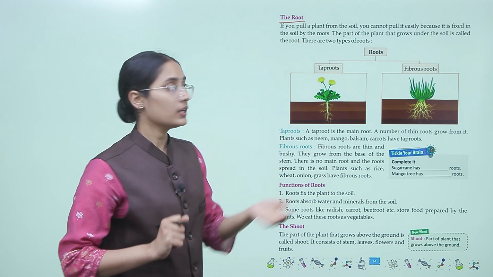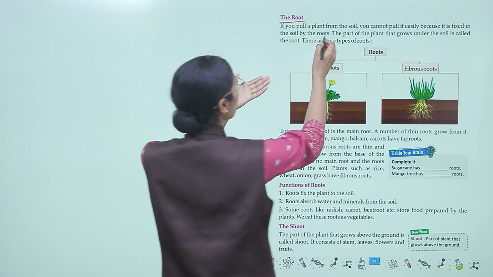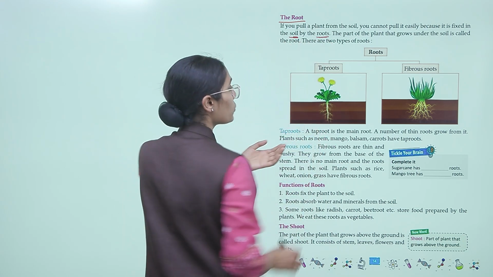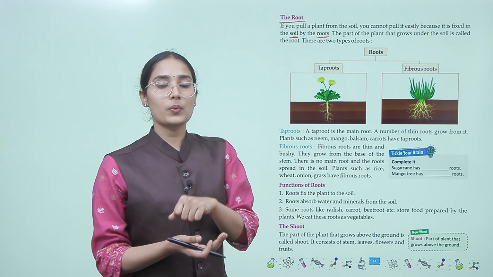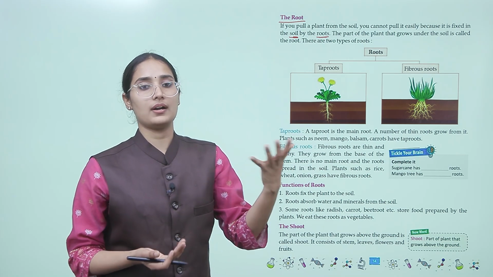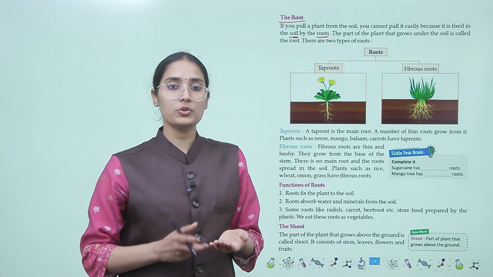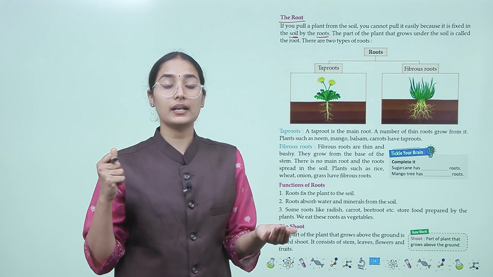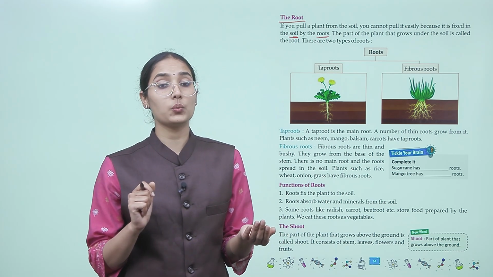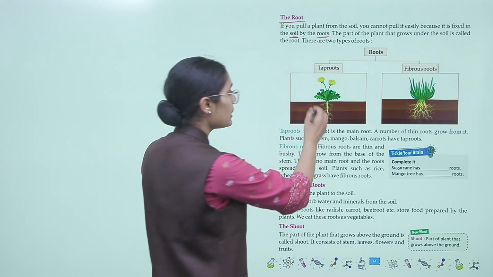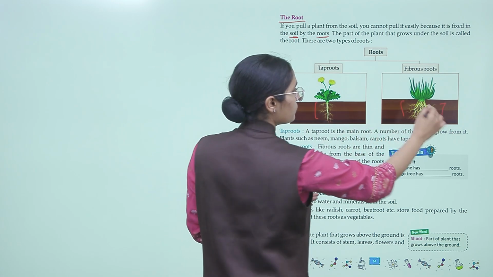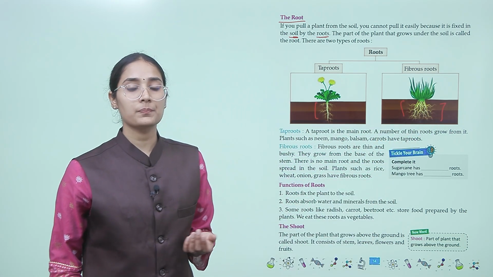The roots in the soil provide that support, that foundation to the whole plant, right? You can try, even at your home, to pull out a plant, right? It will not come out easily. Why? Because of this intricate root system, right?